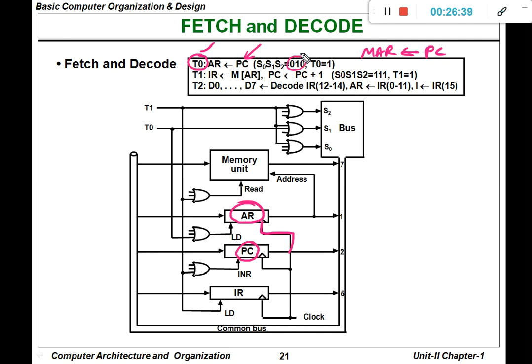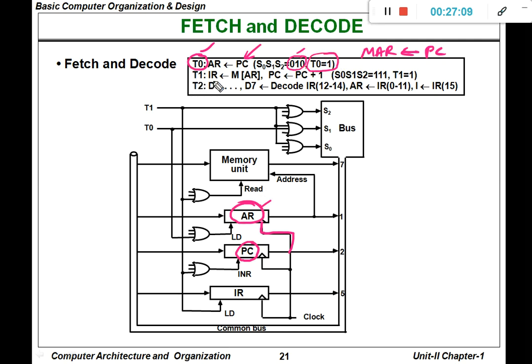So based on this value, it is going to perform the operation. What is that operation? Move the content of PC to AR. What is the content of PC? Address of the first instruction. And AR is the address register, which is going to contain any address related to the main memory. Now it contains the address. We perform this operation whenever t0 is equal to 1.